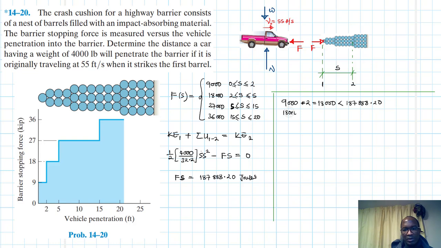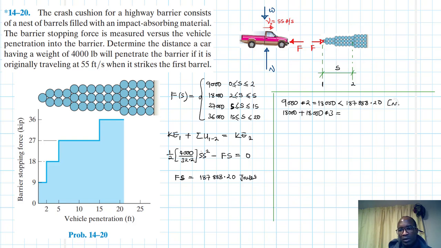So it's 18,000 plus 18 times the range, for 18 is 5 minus 2, which is 3. Not okay.